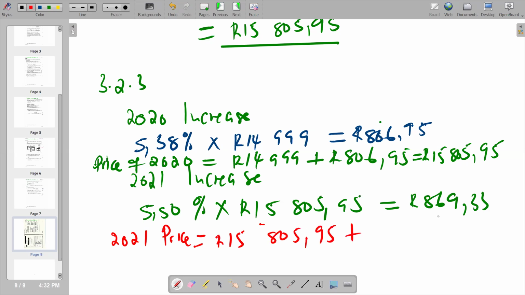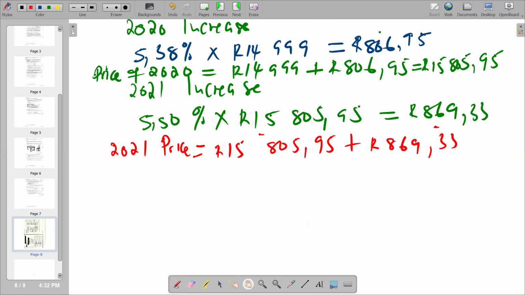We add the increase, which is 869 rands 33 cents. So we add the two. We're going to get a total of 16,675 rands 28 cents. So this is what we have on that part.